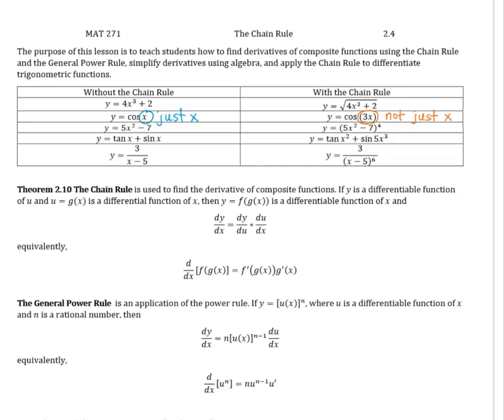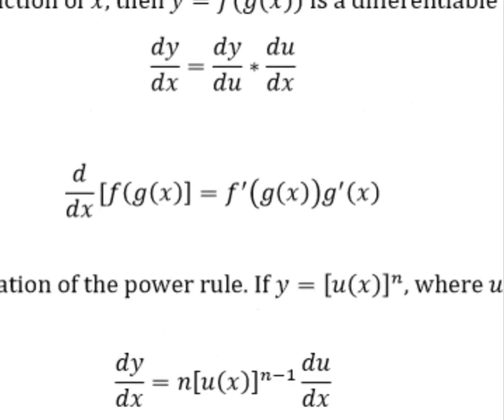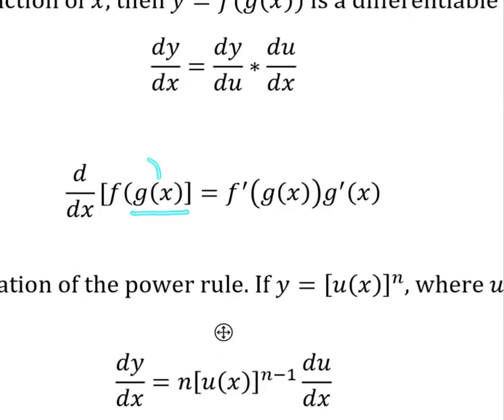So now let's look at the chain rule and how the chain rule tells us to take the derivative of a composite function. This notation here means that the function g has been plugged into the function f. And the chain rule says to take that derivative, you have to differentiate between the smaller function that's on the inside and the larger function that's on the outside.